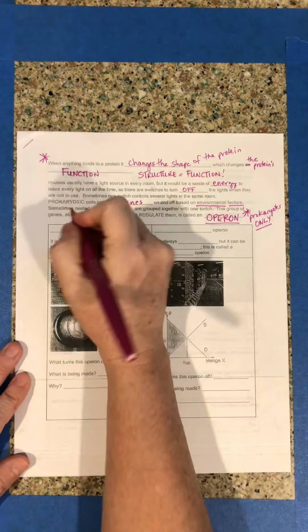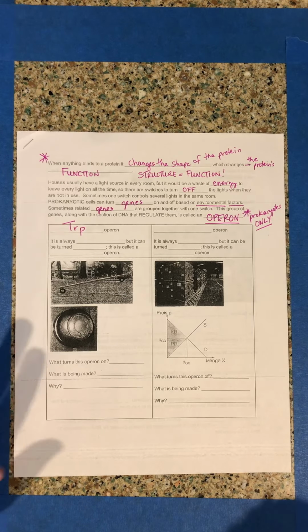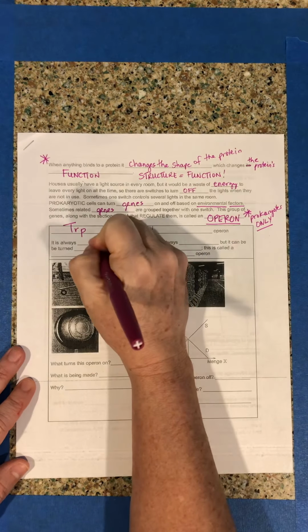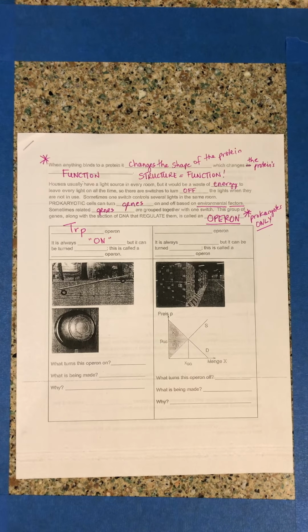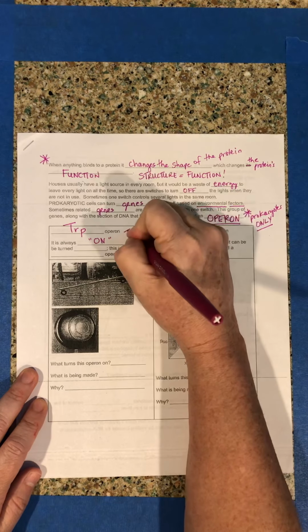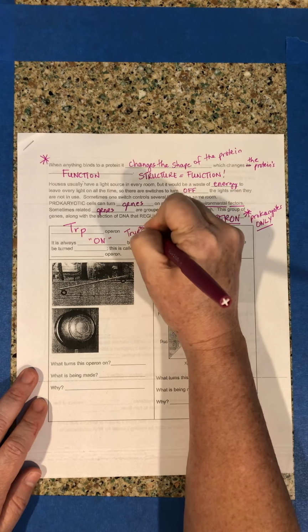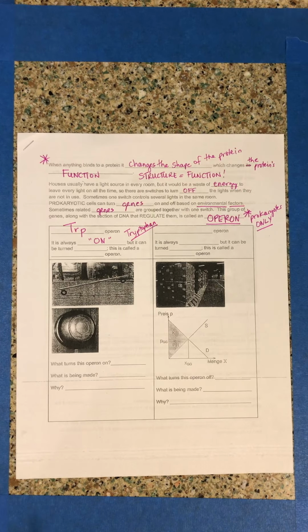Okay, so the first one we're going to talk about is the Trp operon. It is always on, because it makes something for the prokaryotic cell called tryptophan. And tryptophan is extremely necessary.